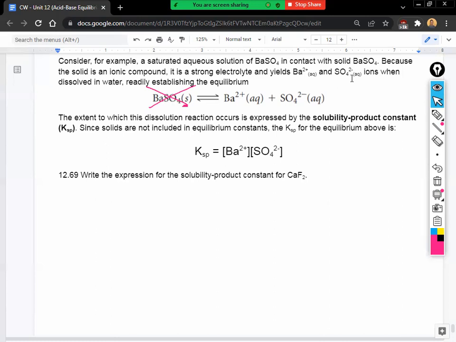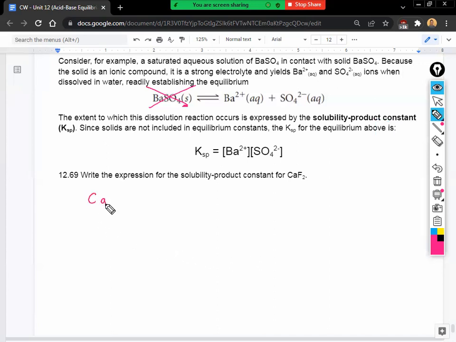All right, another 30 seconds and then we'll go over it. Alrighty, guys, let's go over 12.69 and then we're done for today and the unit, okay?